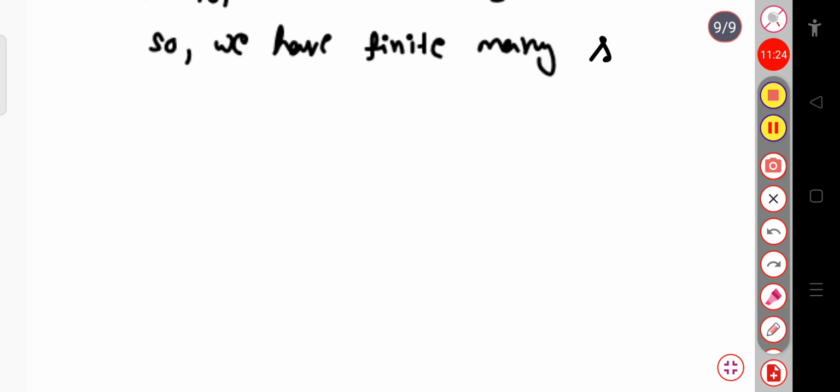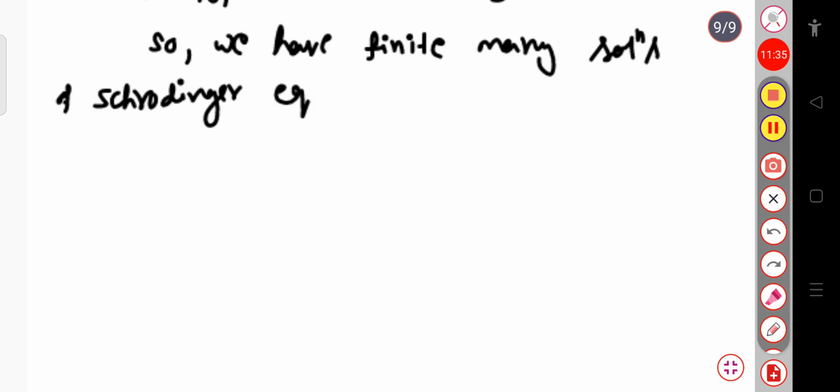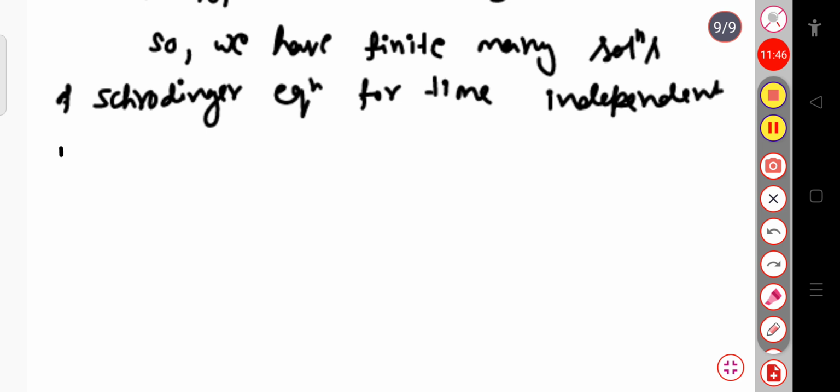Therefore we have finite but many solutions of the Schrodinger equation for time independent potential energy V of x, y, z.